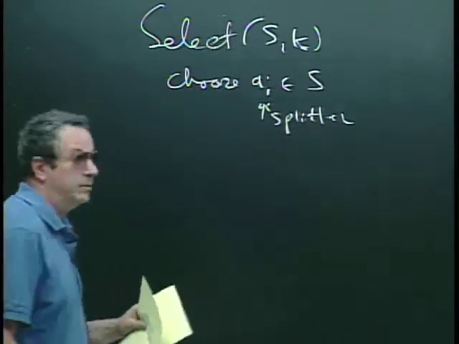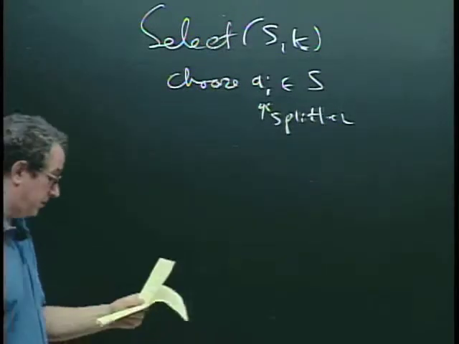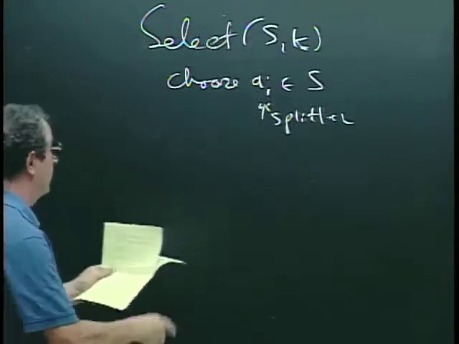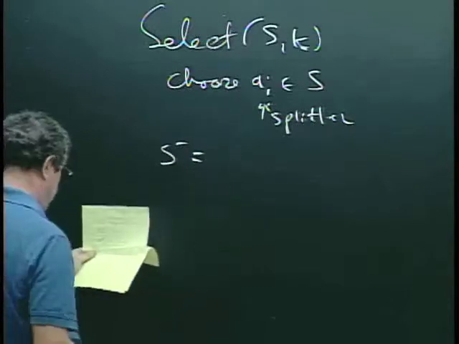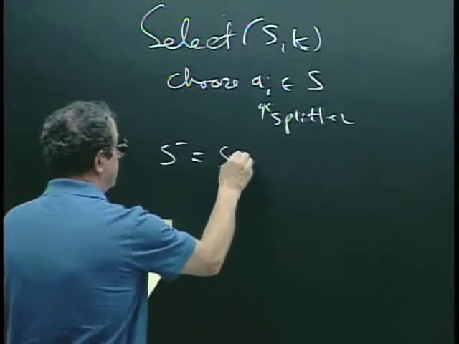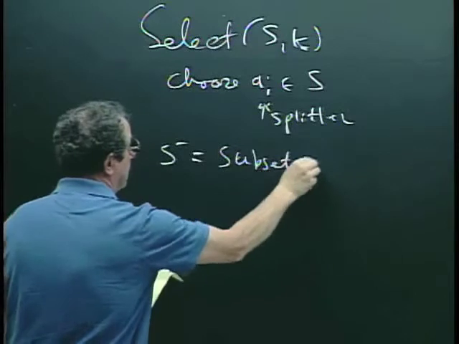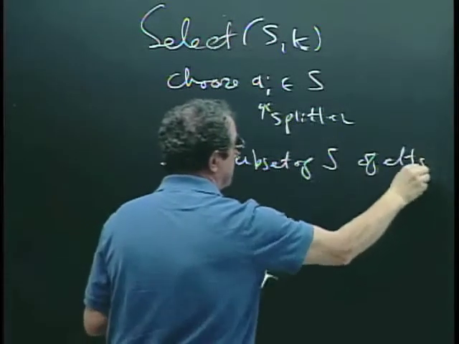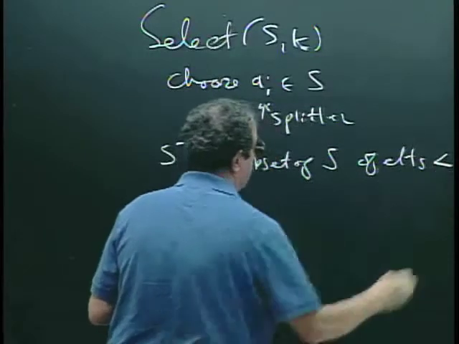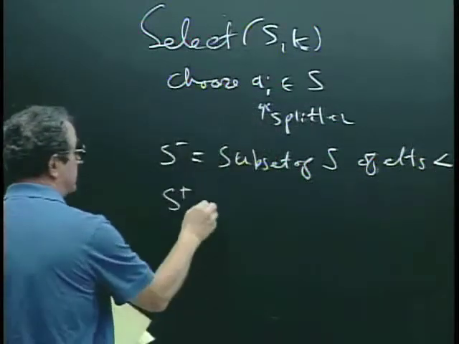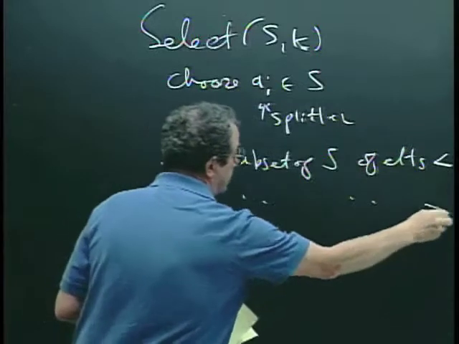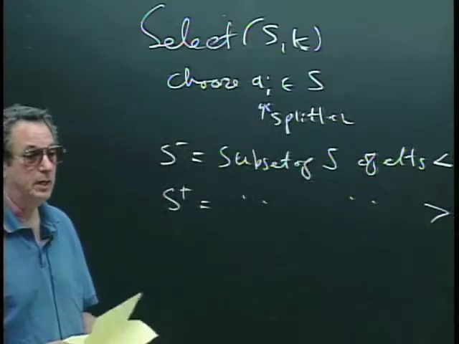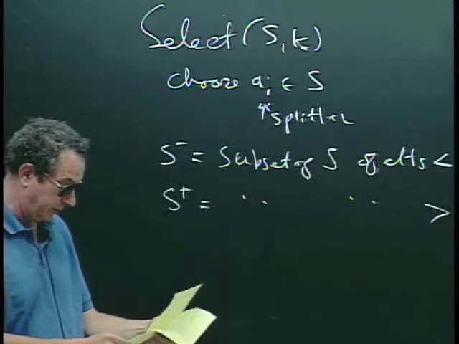And then by explicitly comparing a_i to all the elements in S, we could collect S minus, the subset of S of elements that are less than a_i, and S plus, the subset which are bigger than a_i. And remember, we made the assumption that all the elements in S are distinct, so there are no ties.